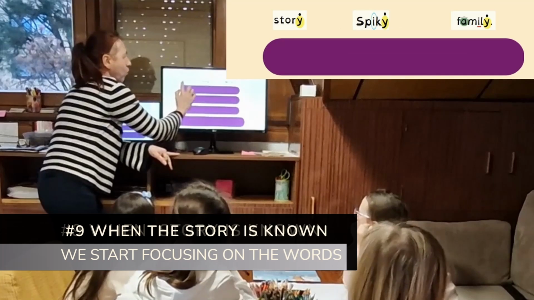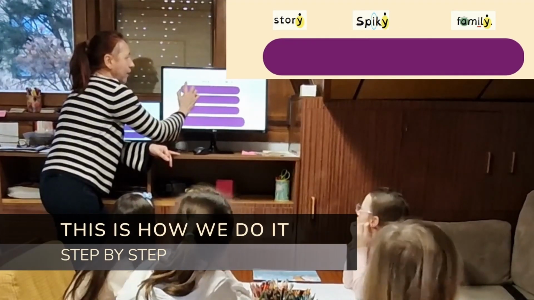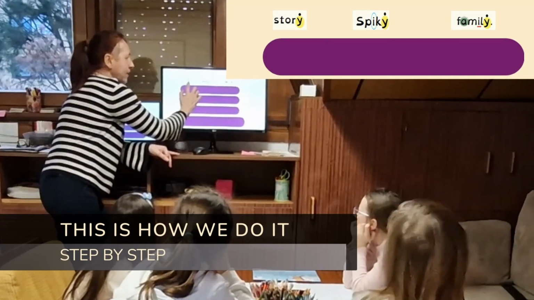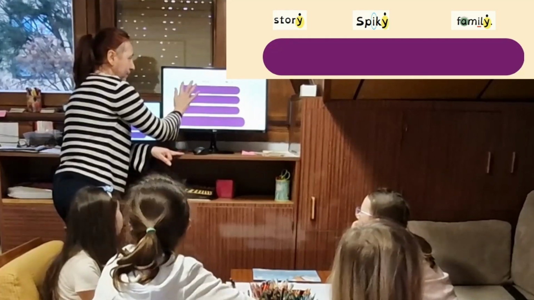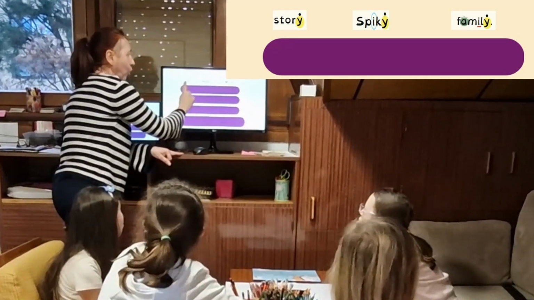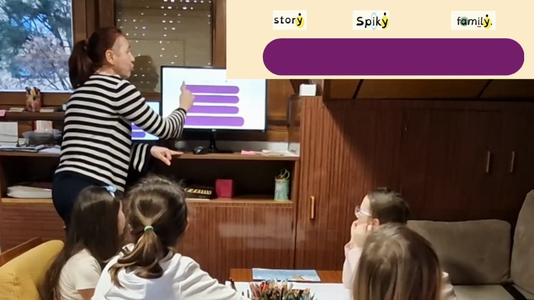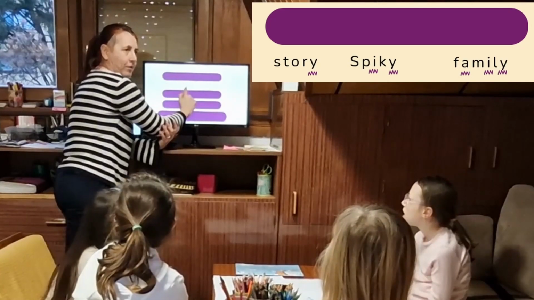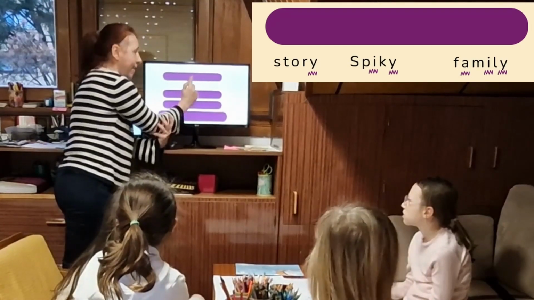Up here, you have 3 words. See? What does it say here? S, T, O, R, E. This yellow is E. So, S, T, O, R, E. Story. Well done. This zigzag here is I. Let's do it again.